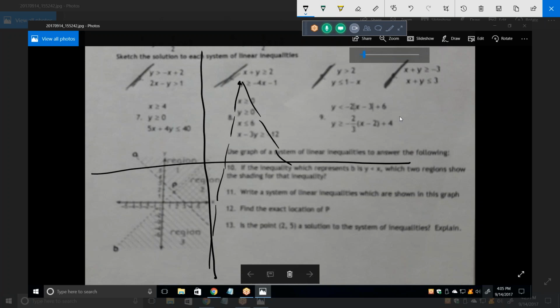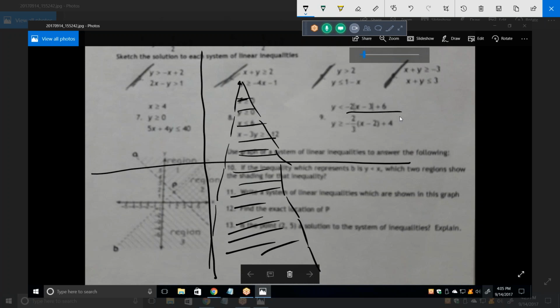Now I'm approximating here. I'm not figuring out any x-intercepts or anything. Just know that I want to shade that part of it. Okay? Let's look at that equation.